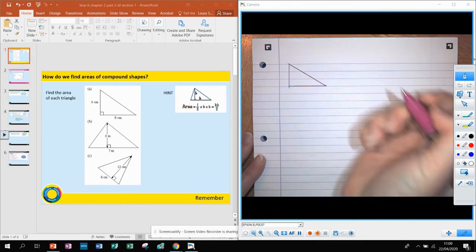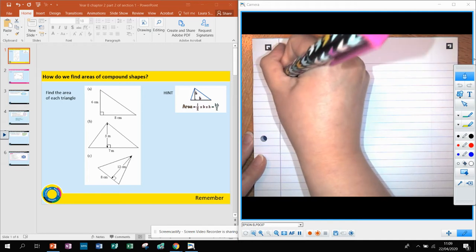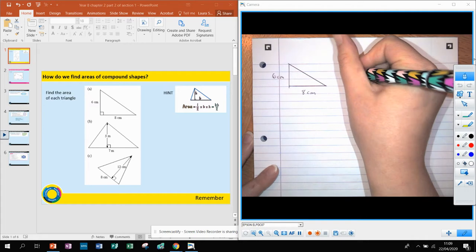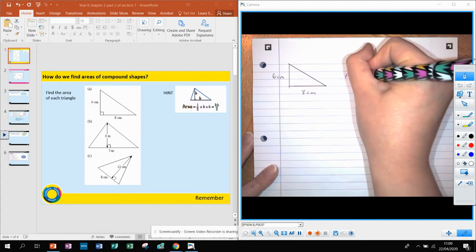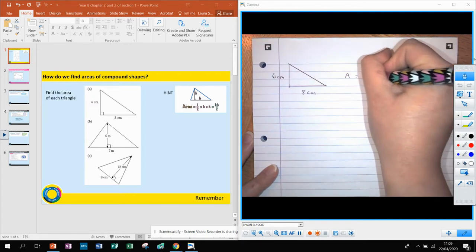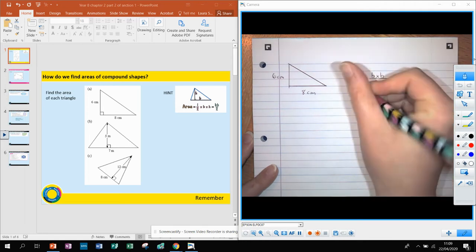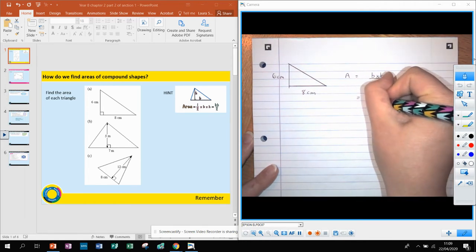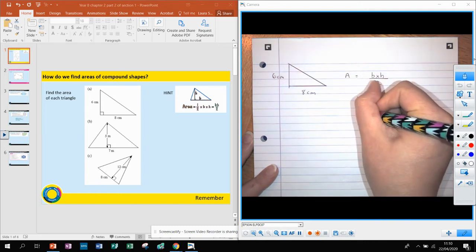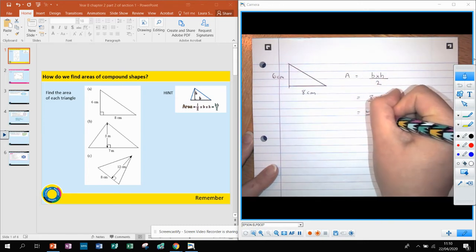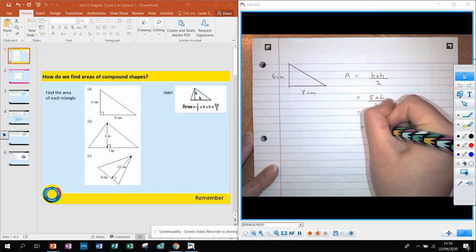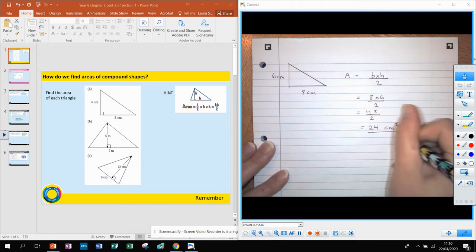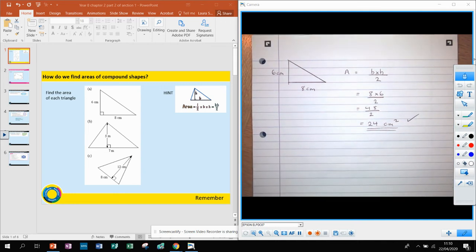For the first triangle we had 6 centimeters and 8 centimeters, and remember when we're finding the area of the triangle it is equal to base times height all divided by 2. In this case that is equal to 8 times 6 divided by 2, which is 48 divided by 2, or 24 centimeters squared. So well done if you got that. Give yourself a tick.